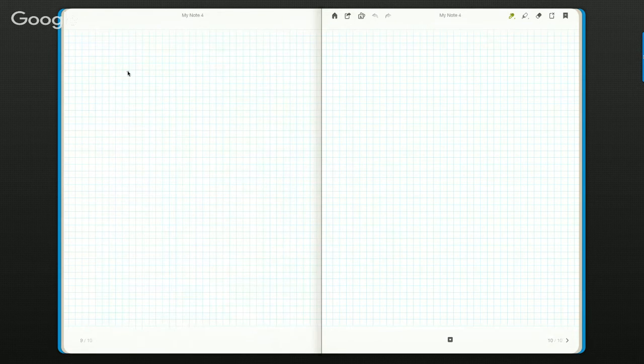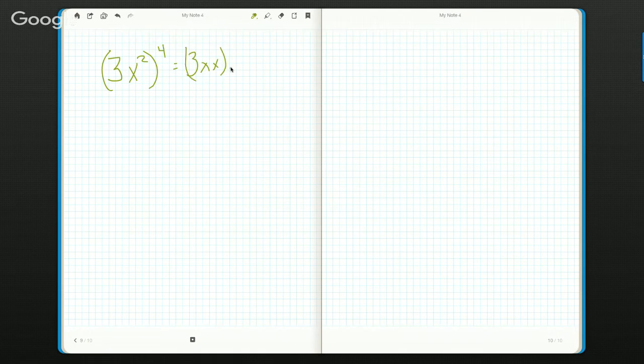And that would be this. So if we have 3x squared to the 4th, this becomes 3 times x times x times 3 times x times x times 3 times x times x times 3 times x times x if we expand it.